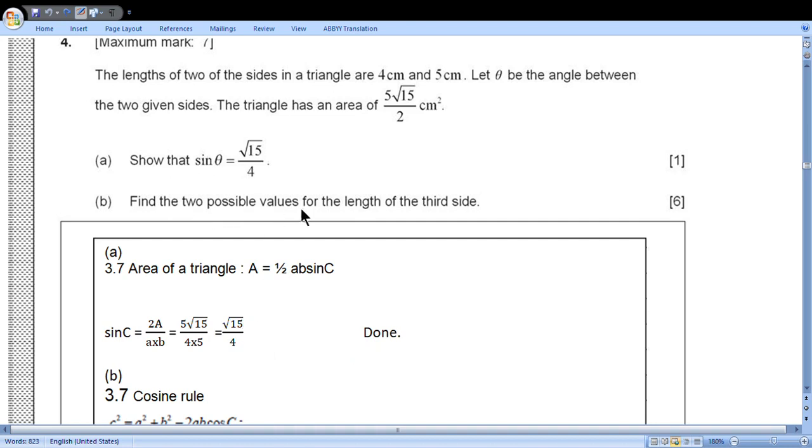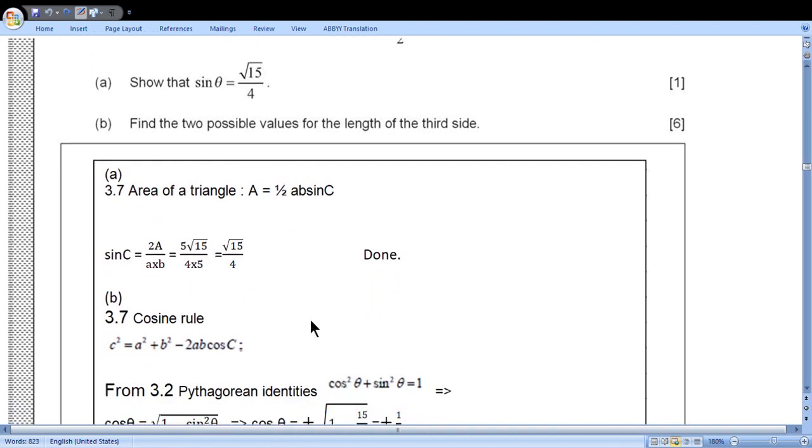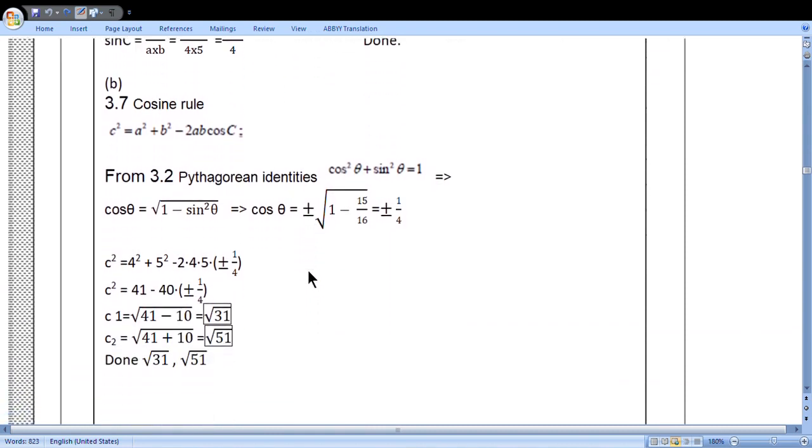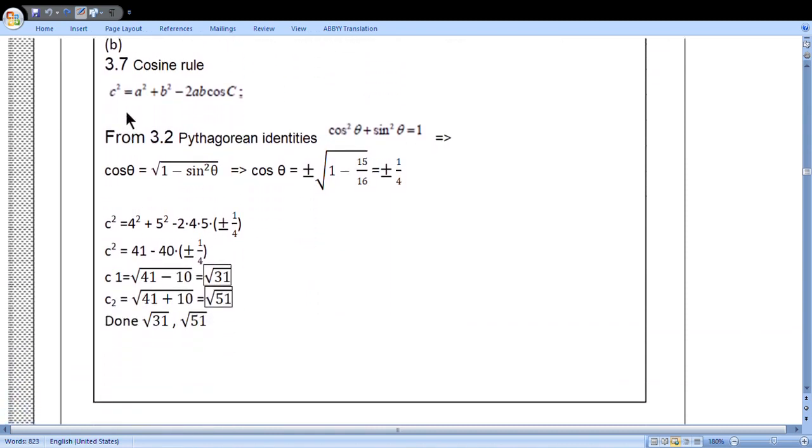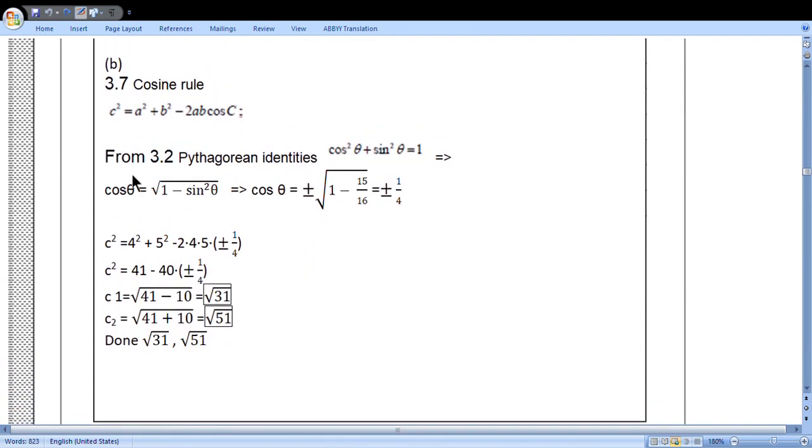Find the two possible values for the length of the third side. So we use the cosine rule. From section 3.6, the Pythagorean identities, cosine squared plus sine squared gives us 1. It means that cosine will be square root of 1 minus sine squared theta.